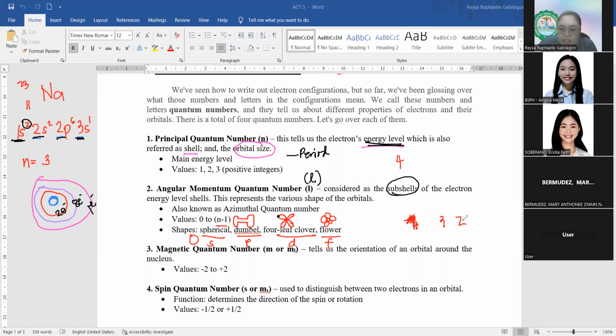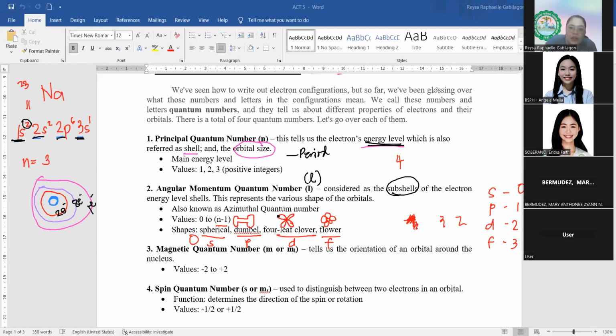Pwede siyang 3, pwede siyang 2, basta hindi siya pwedeng magpantay sa principal quantum number. Now, meron tayong values for this. SPDF pa rin. So, please take note of the values. These are constant. Pag S is 0, pag P is 1, pag D is 2, and then pag F is 3.